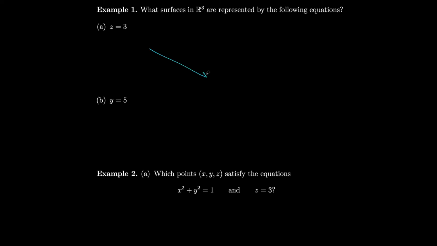I'll draw my y-axis like that. I'll draw my x-axis like this, so I could put a little bit of it behind the plane. So I'll put the plane something like this. Roughly.